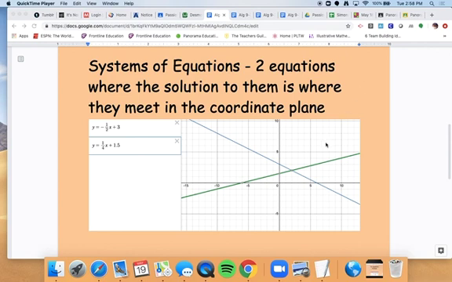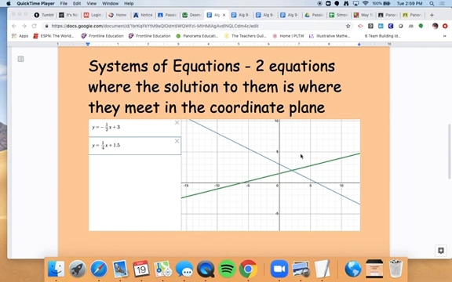I have an example here, and you can see that the solution to these two equations, so this negative 1 half x plus 3, this top one is this blue line, and then green is this 1/4 x plus 1.5, and I can tell that because that's got a positive slope. This one's going up, this one has a negative slope, it's going down. And where they meet, it looks like about the point 2, that point where they meet is the solution to the system, right?